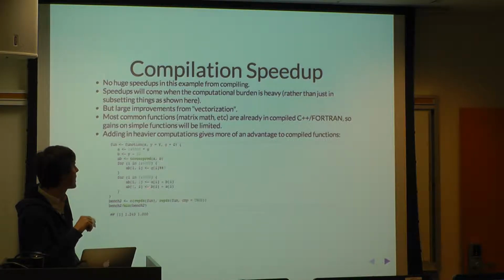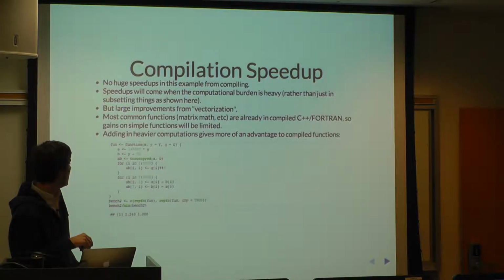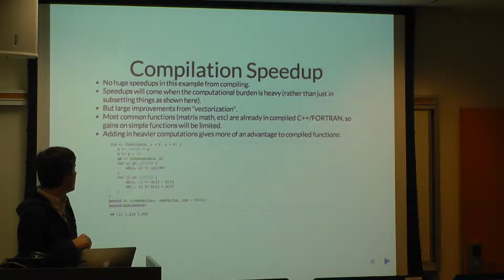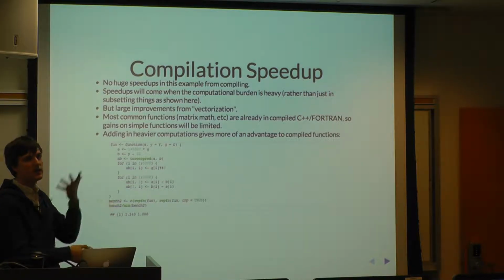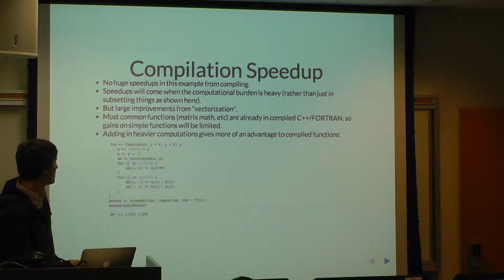So I'm doing a lot of computation in here. Then I run it once uncompiled, and then I compile it. And we can see here that we are starting to get some significant speed increases. So this is when compiling is generally going to help you.